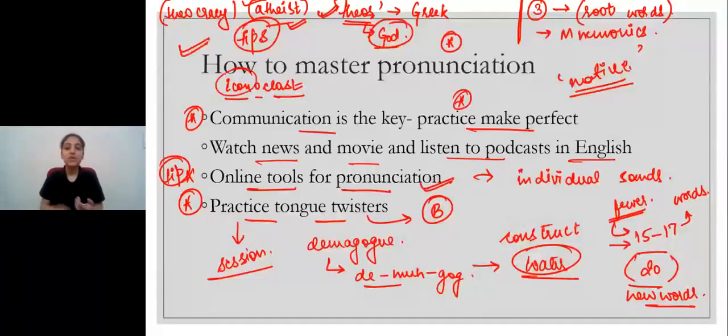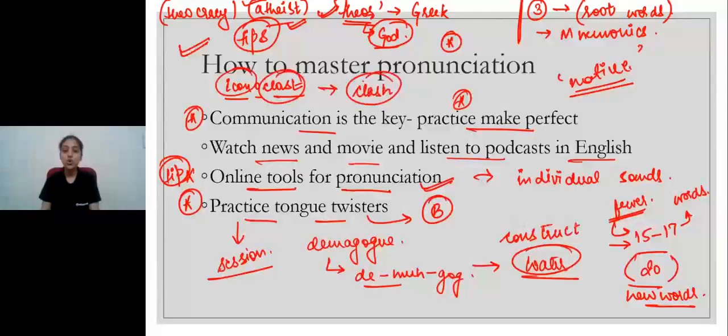So icons can be political leaders, they can be celebrities, they can be other speakers, etc. Right? So iconoclast is a person who challenges the established beliefs. Icons are people who are established in the society. They are at an established position in the society. And notice classed here sounds similar to clash.